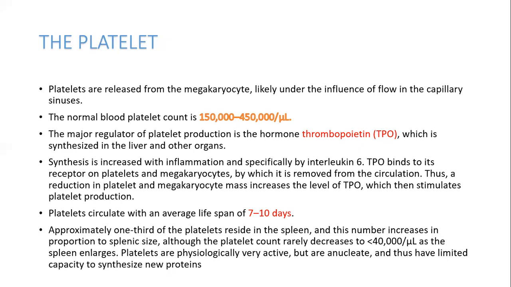Then we learned about MPV, mean platelet volume. If MPV is increased, meaning platelets are large, that means the bone marrow is producing more. So it confirms the peripheral destruction. That's a hyperproliferative bone marrow, and that will respond to steroids, and there is no use of transfusing platelets in that case. And also PLCR and PDW.